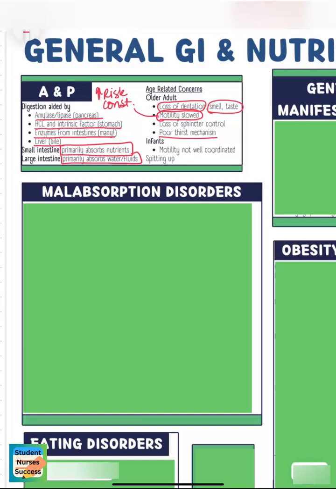Now, infants, motility is not well coordinated in the infant GI system until they're about 3 to 4 months old. Also, infants, because their esophagus is so small, so short, and their sphincters are not mature enough, we see a lot more spitting up.